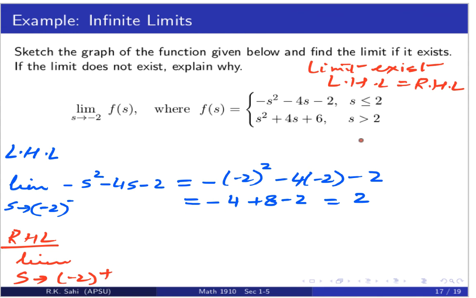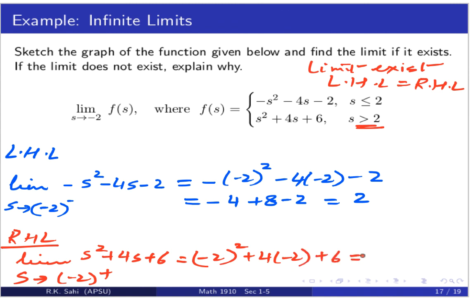Positive means you pick up the right piece, s squared plus 4s plus 6. Now we just plug in -2: -2 squared plus 4 times -2 plus 6, which is basically 4 minus 8 plus 6. Again, the final answer is 2. So the left-hand limit is the same as the right-hand limit, and our answer to this problem is 2.